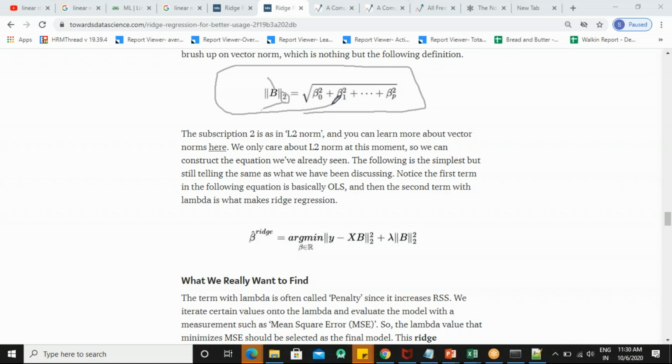But in general, when people say norm, they are talking about L2. So you have to ask whether you want me to give you the L2 formula or the L1, but the default people normally talk is L2.